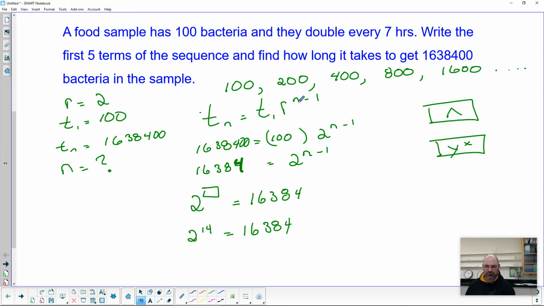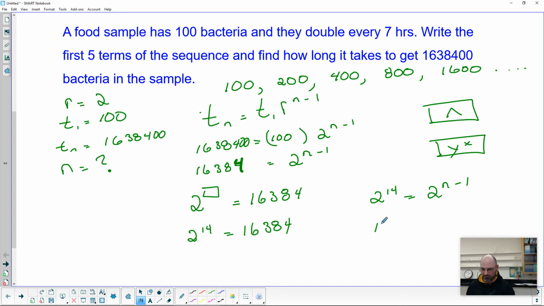So now we're going to compare the two exponents, right? So if we say that this is 2 to the power of 14 over here, and it equals 2 to the power of n minus 1, okay, we're just taking this number and writing it as a power and keeping this as a power.